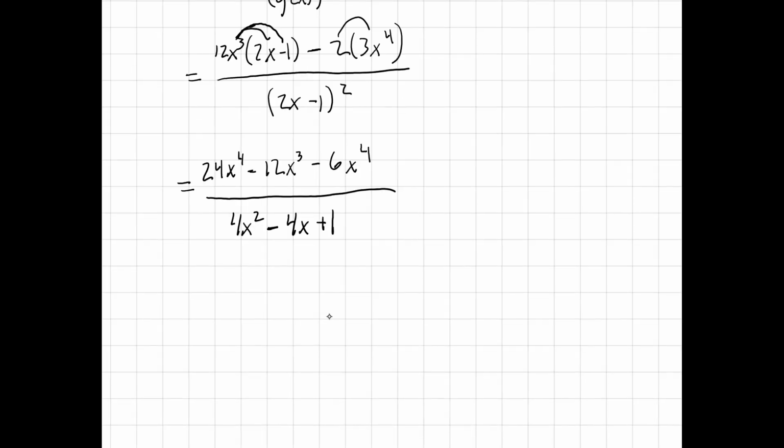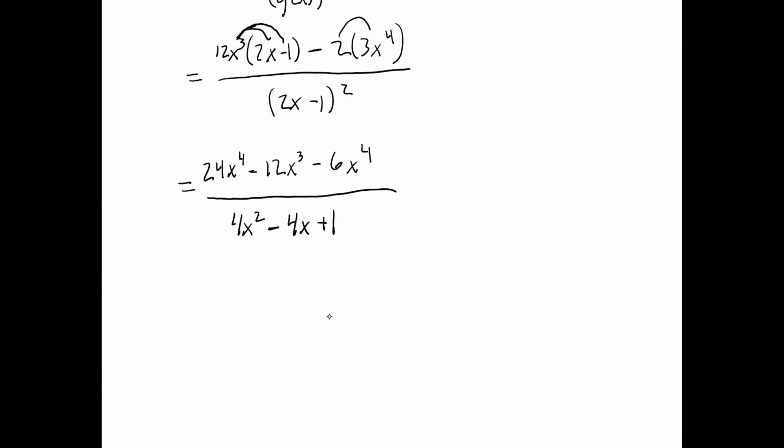And now we see, is there anything we can combine? I have 24x to the fourth and negative 6x to the fourth. So that gives me 18x to the fourth minus 12x cubed, all over 4x squared minus 4x plus 1.